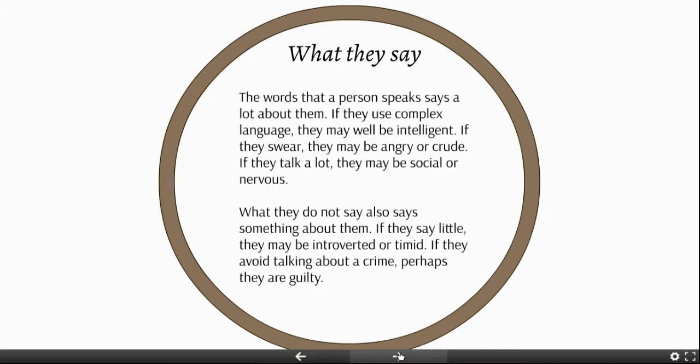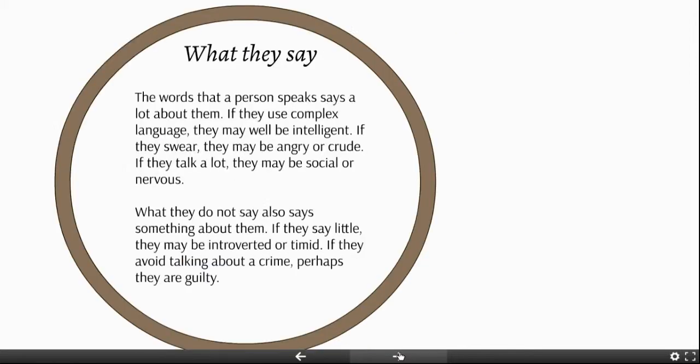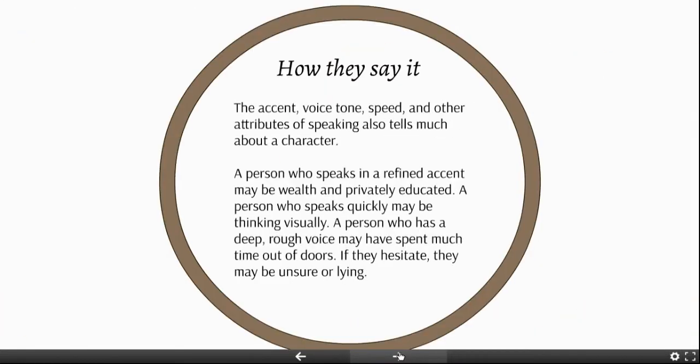Sometimes what they don't say tells us a lot about them. People who are very quiet don't say much. Maybe they're just shy. Maybe they're aloof and they don't really feel like they need to associate with you. If they avoid talking about a crime, maybe that's because they're guilty. And also how they say it: their accent, their voice tone, the speed at which they talk, all of these things about how a person speaks can tell us about that character.